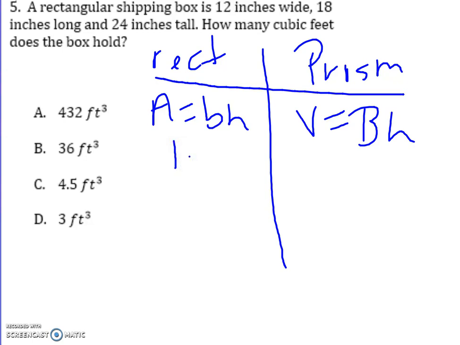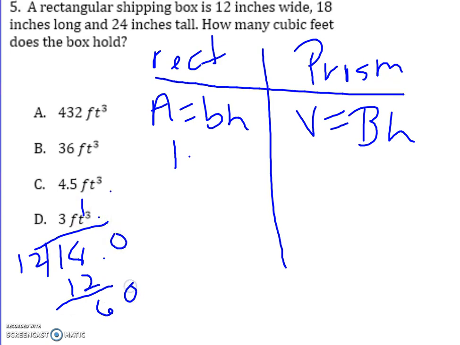If we turned 18 inches into feet, 12 can go into 18 once. We subtract, decimal, decimal, 0. We got 1.5. So 1 times 1.5 is 1.5.